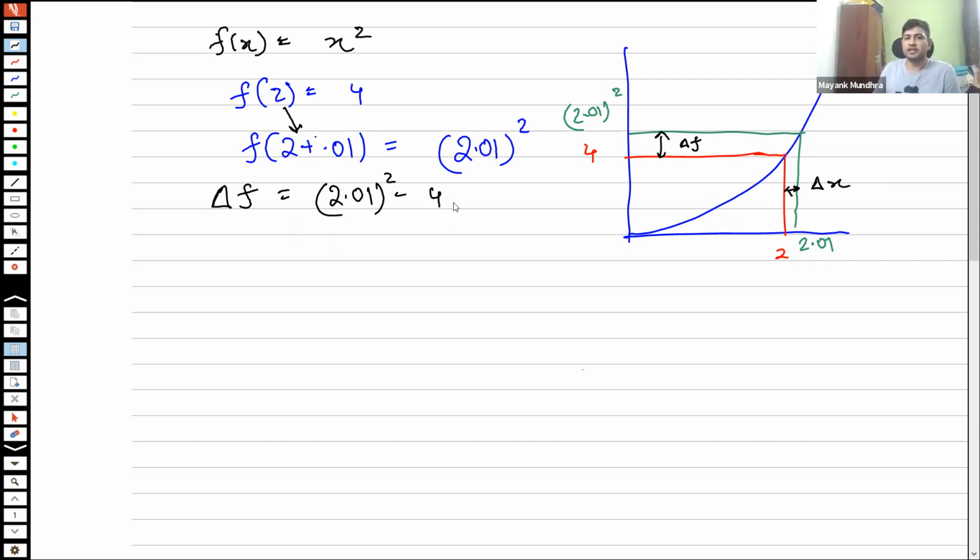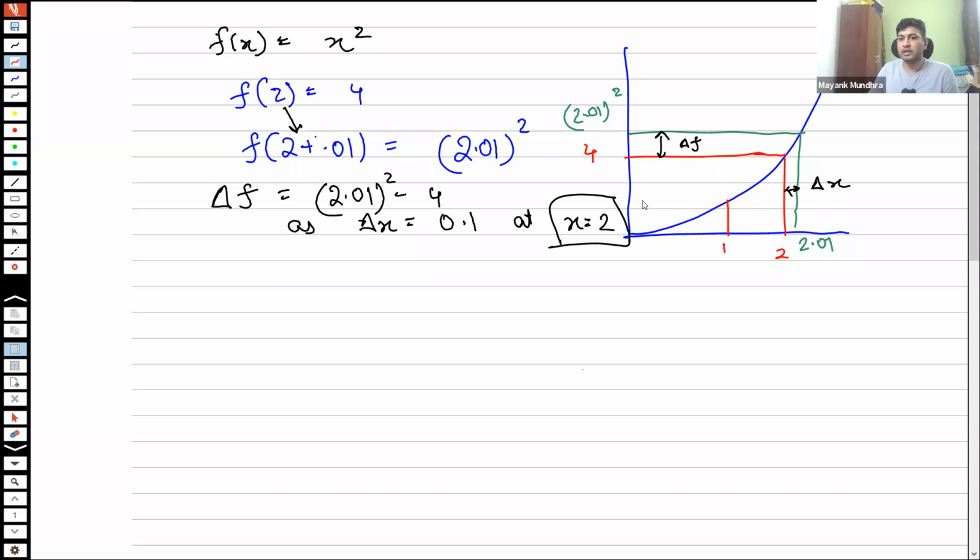So delta f is equal to this thing, as delta x is equal to 0.01 at x equals 2. The starting point is important because you're going to notice different values of change for the same delta x depending on what your starting point is.